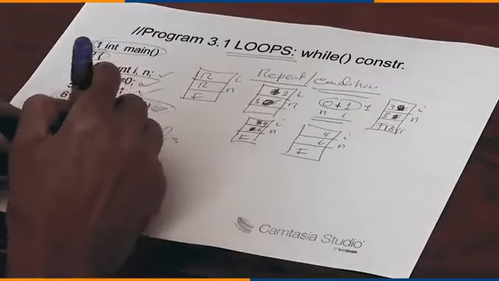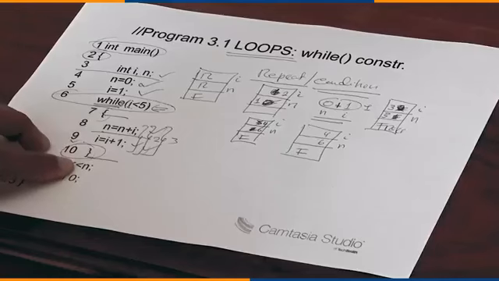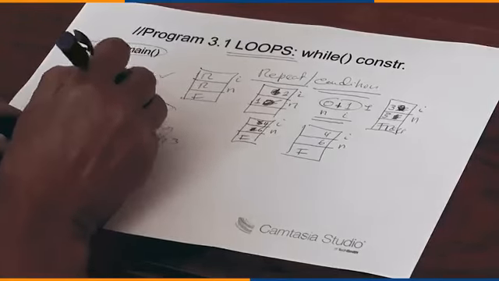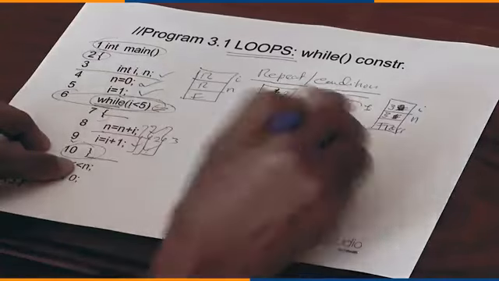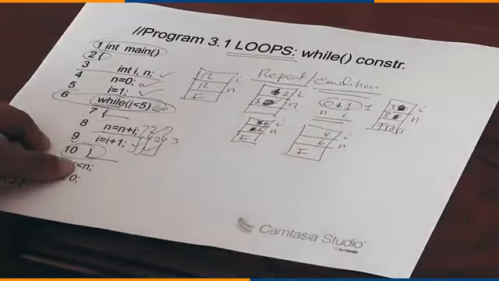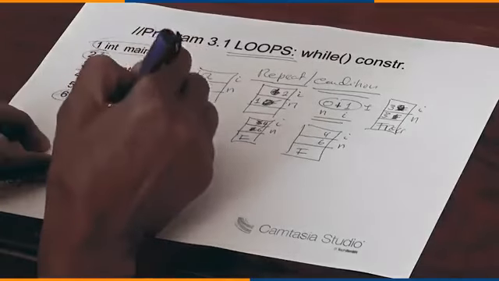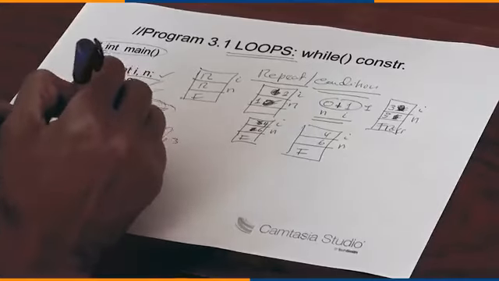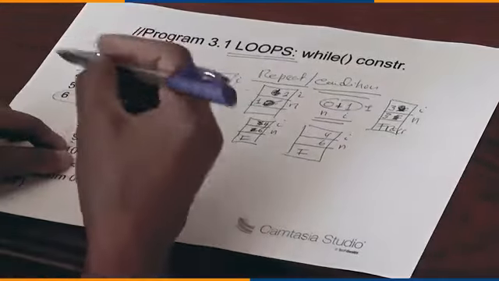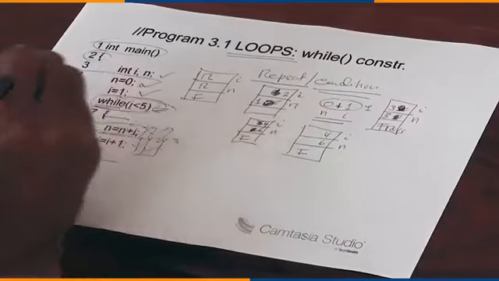Then when the computer comes to line number 10, it will check, is the value of I less than 5? In I there is 4, and 4 is less than 5. So if that is true, then repeat the action from number 7 to number 9. Now line number 8 will be executed.